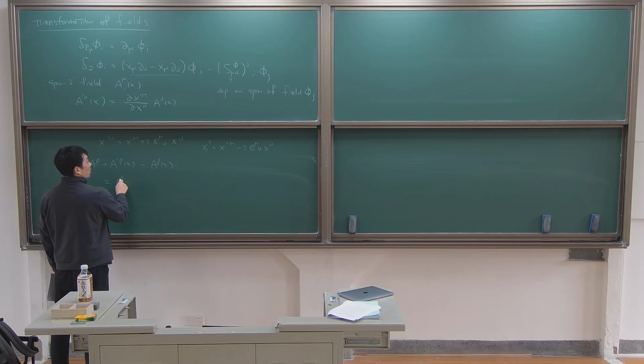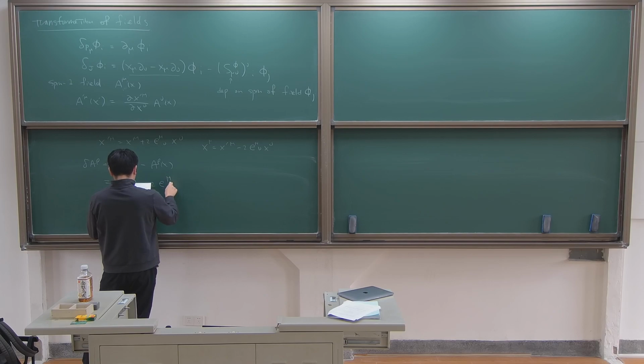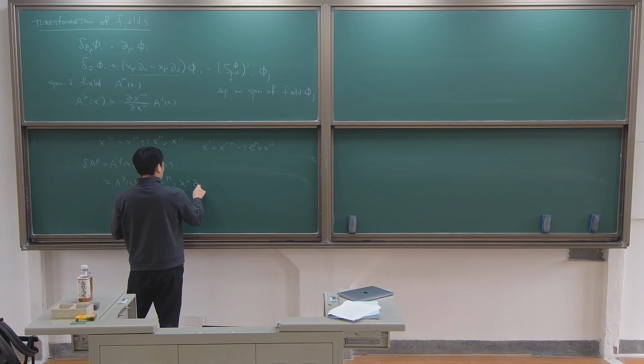So A prime rho of x minus epsilon mu nu x nu partial mu A rho.